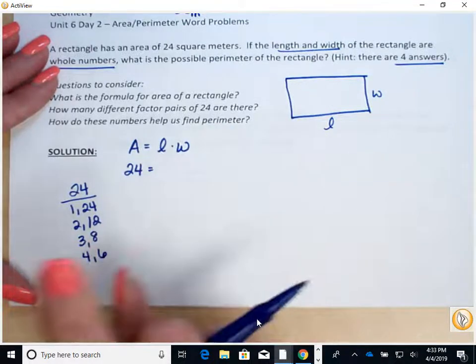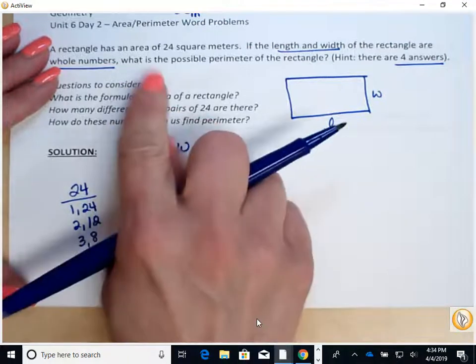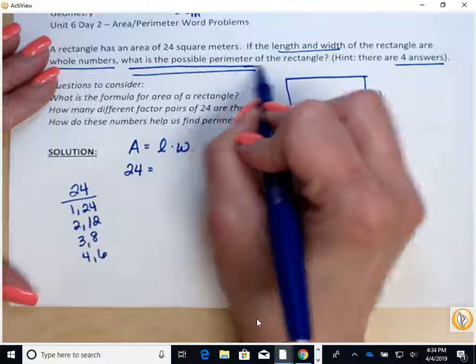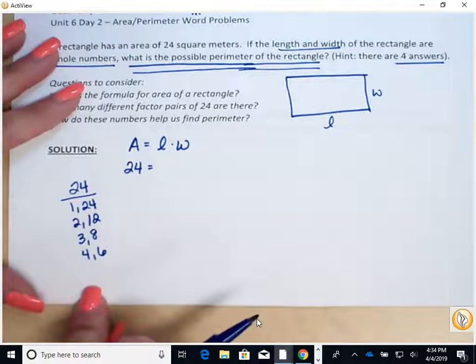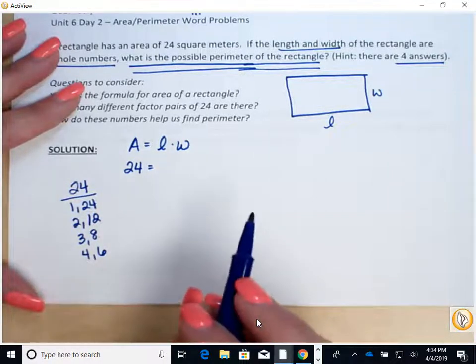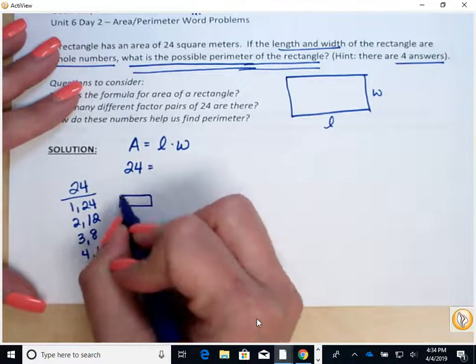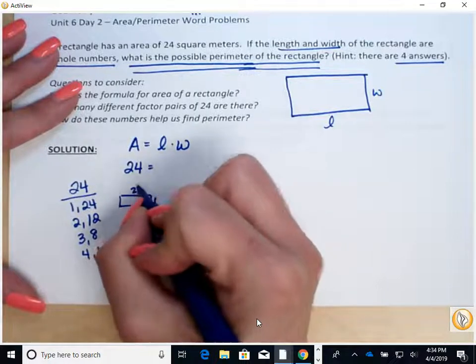So, okay, we're not done though. That just gives me the lengths and widths. What the question asks, that's why it's important to read them, what is the possible perimeter of the rectangle? They didn't ask for lengths and widths, they asked for the perimeter. So if these are my lengths and widths, I got to find the perimeter of these. So if I have a rectangle where the lengths and widths are 24 and 1, then that means this is 24 and that's 1.